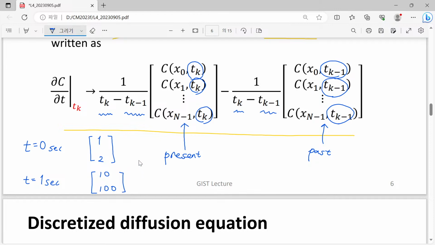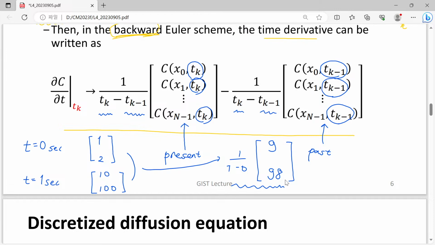Then what is the time derivative of this solution vector? We can say that 1 minus 0 is the time difference, and then the difference between the solution vectors. So we will have 9 and 98. That will be the time derivative of our solution vector.